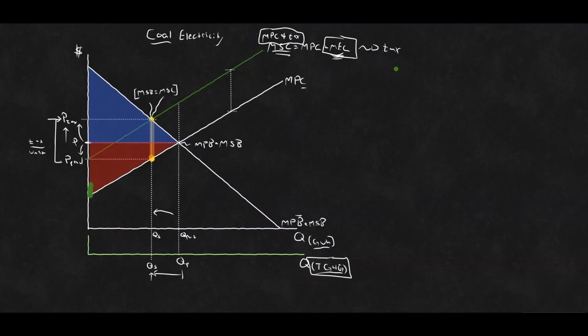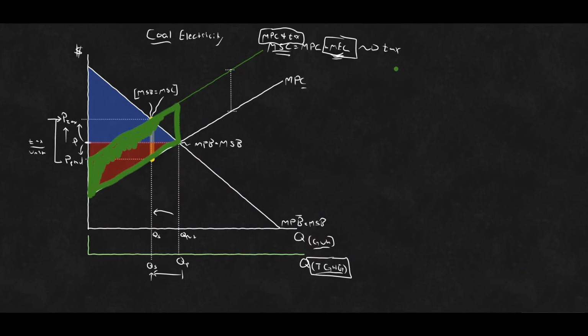We have an external cost of this distance between the private and the social cost. So that distance there, and all over the Q private units. So altogether, we are getting this whole area as our external cost.